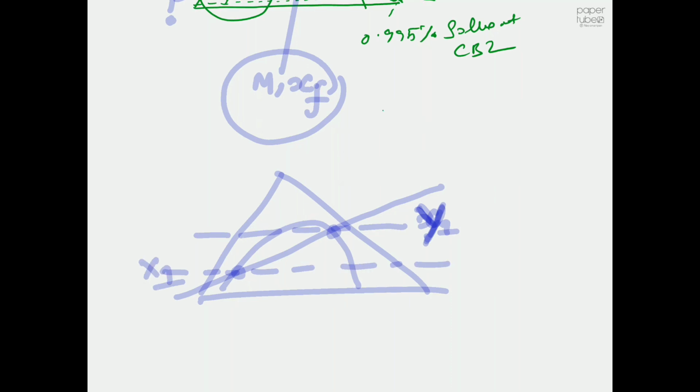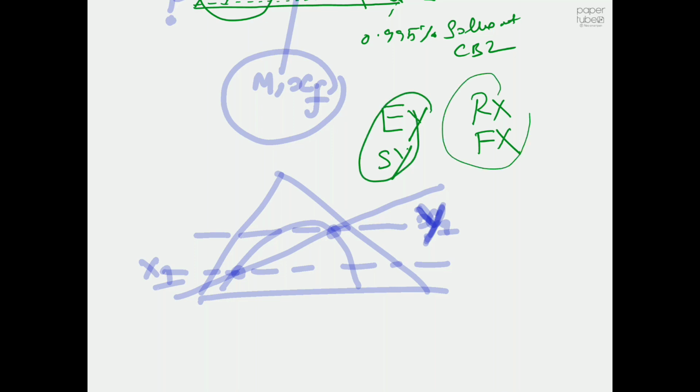So always try to remember E Y, R X, F X, and then E Y and S Y. This is only to remember which side is X and which side uses the notation Y.